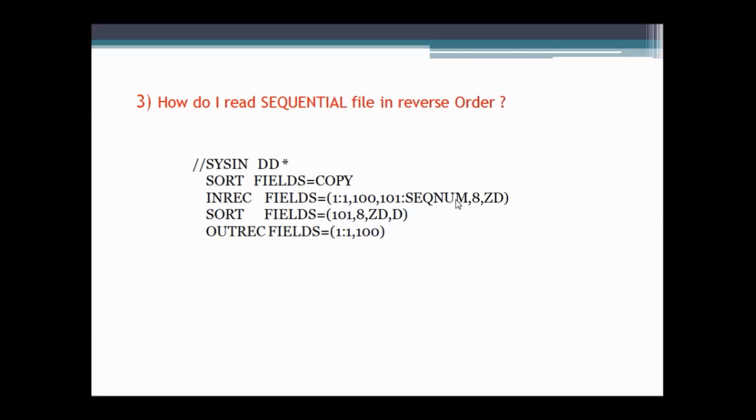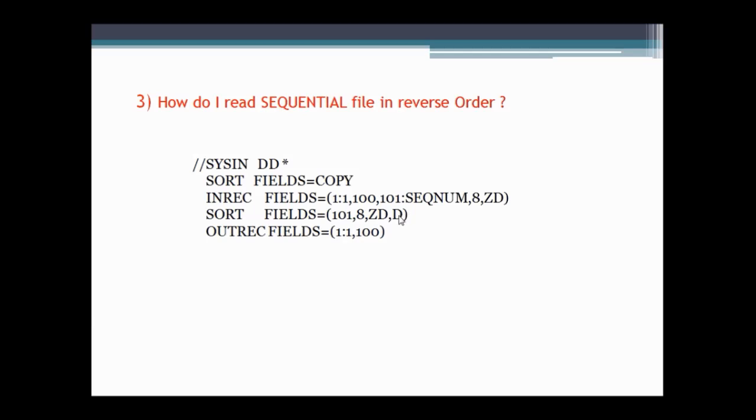Now the file will have a sequence like 1 2 3 4 5 6. Now I will sort it based on that sequence number in descending order. So now the sequence will be like 6 5 4 3 2 1.